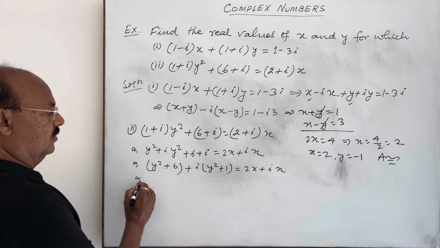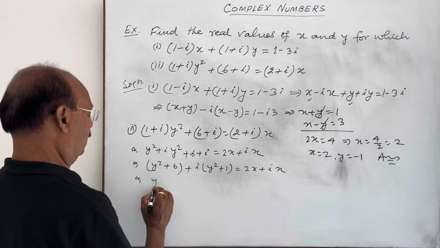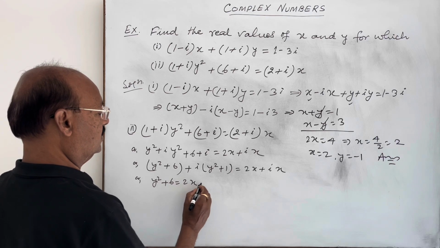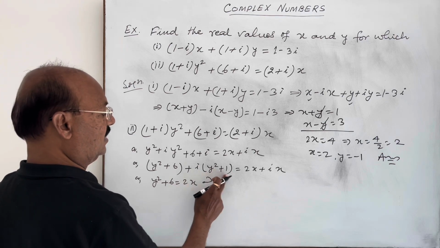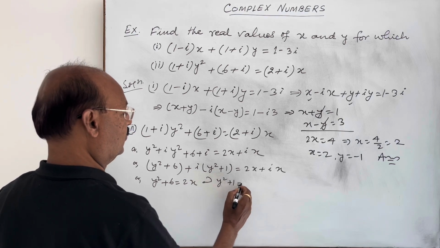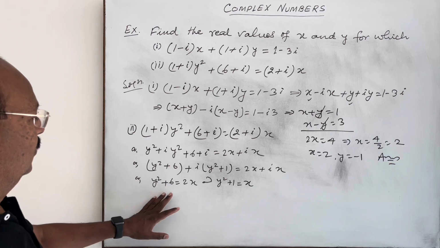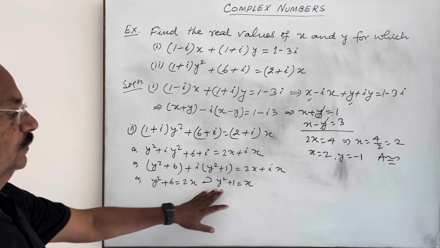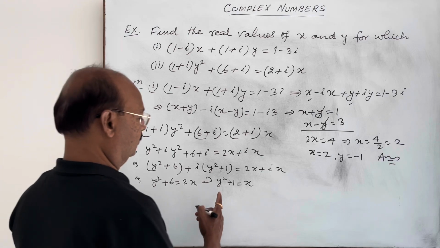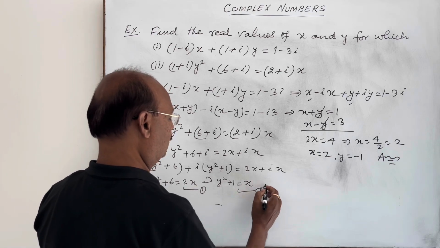Comparing the real part, y² + 6 = 2x. Comparing the imaginary part, y² + 1 = x. Now we have to solve these equations. Suppose this is equation number 1 and this is equation number 2.